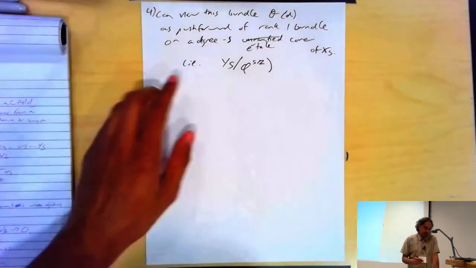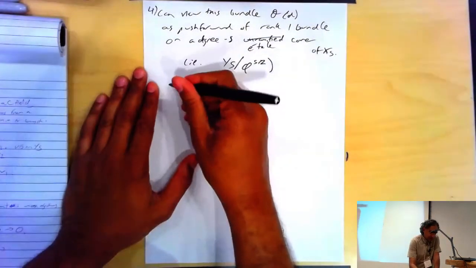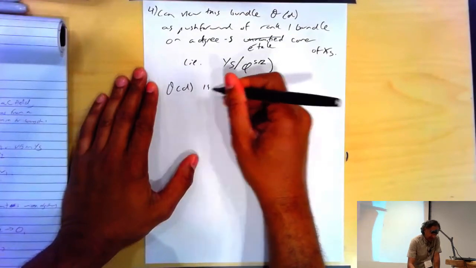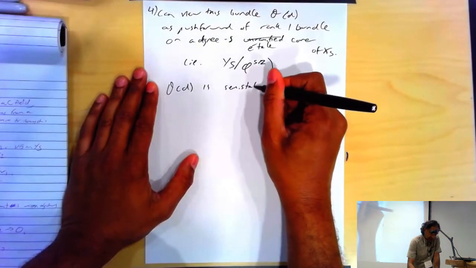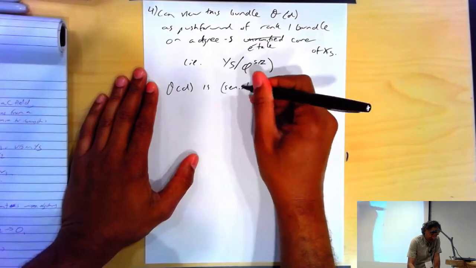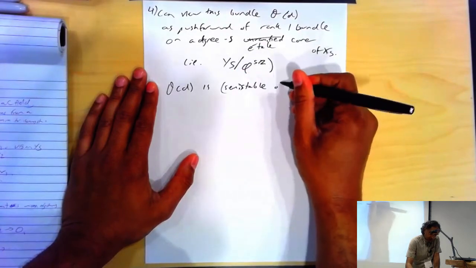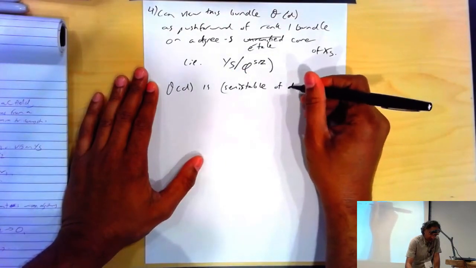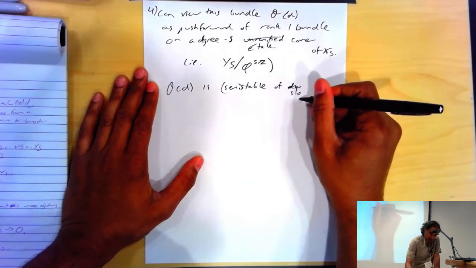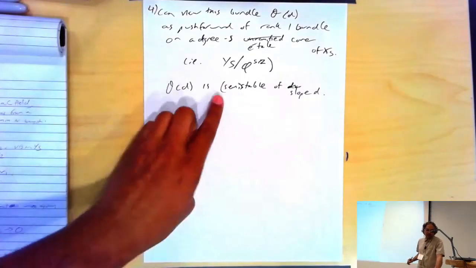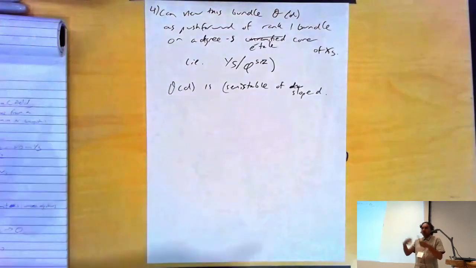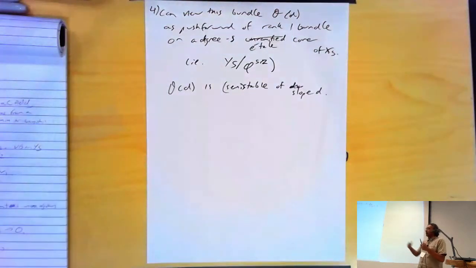And I should say O(D) is semi-stable. It actually has the stronger property of being stable of slope D. Semi-stable means none of the sub-objects have a strictly larger slope; stable says you can't even have a tie.